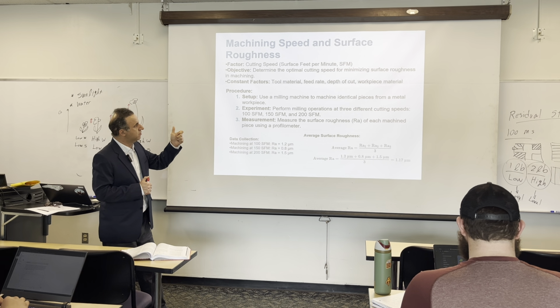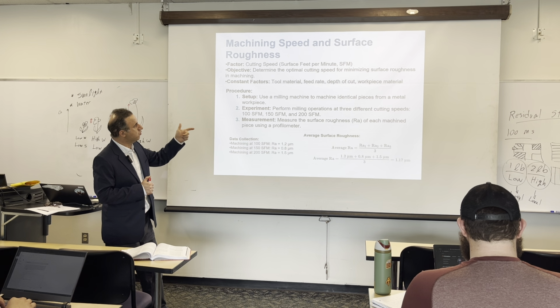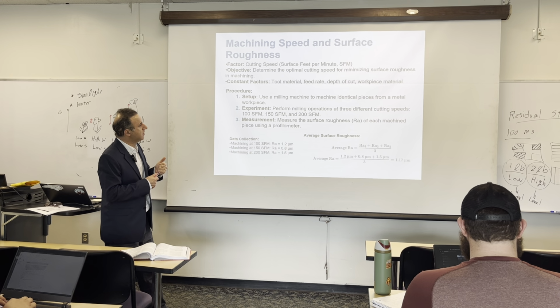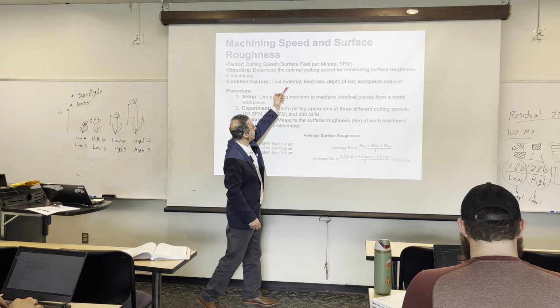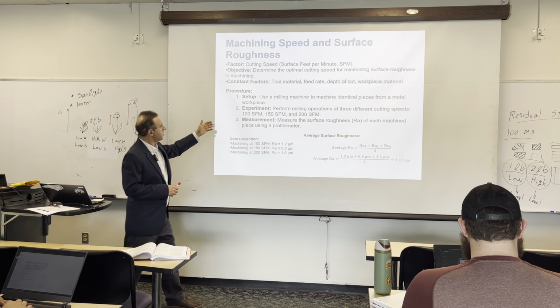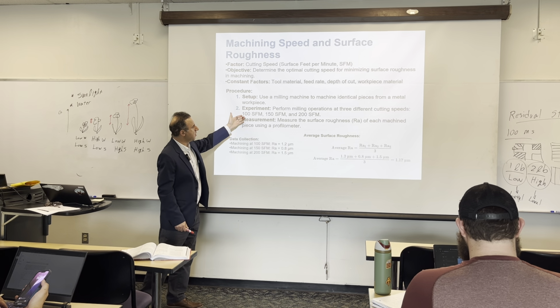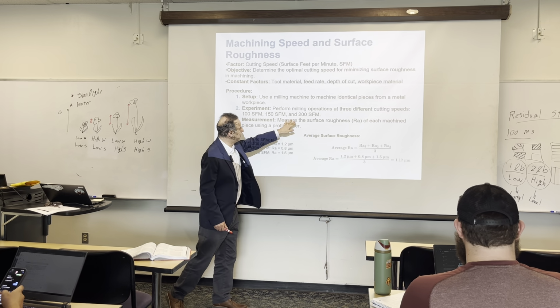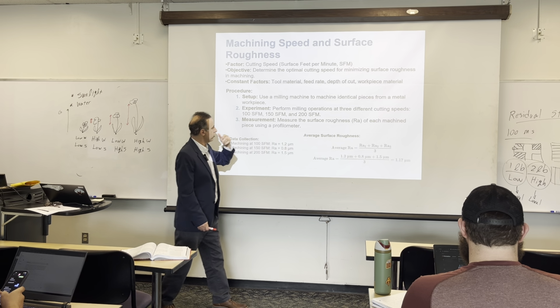Input is cutting speed, right? We use different cutting speeds, and then we are looking at surface roughness. So these are parameters that will stay the same. We don't change them. So the procedure: we set up the machine, and then run the experiment with these three levels, 100 SFM, 150, and 200.